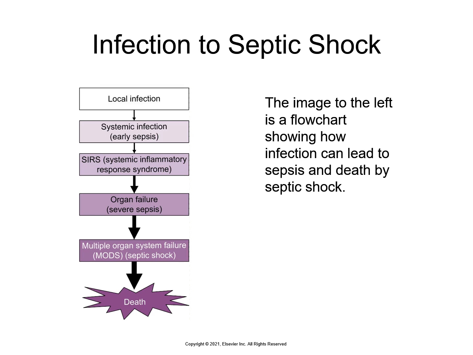So you get a systemic inflammatory response. We know what the inflammatory response does, but think about that all over the body. So that's called SIRS. Then that can lead to organ failure. That is in severe sepsis. Multi-organ system failure, or MODS, is what happens in septic shock, and it leads to death.